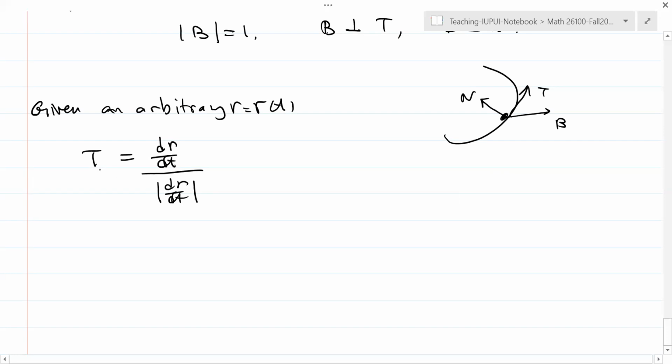So this can also be viewed as a function of s, after you reparametrize. You let s be the arc length.